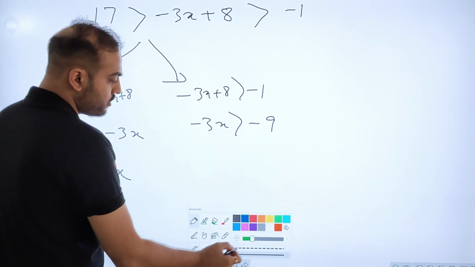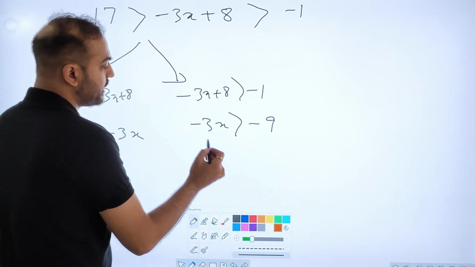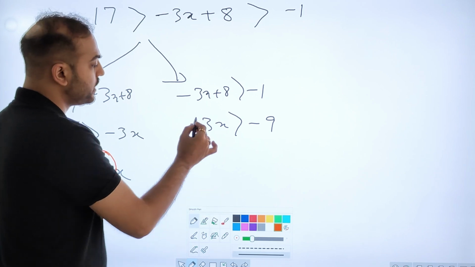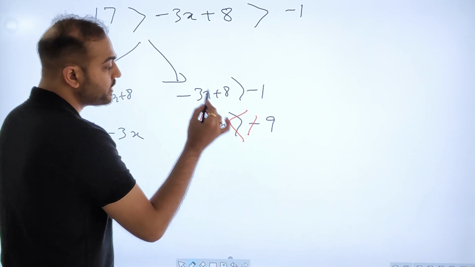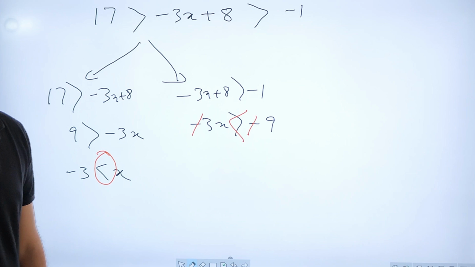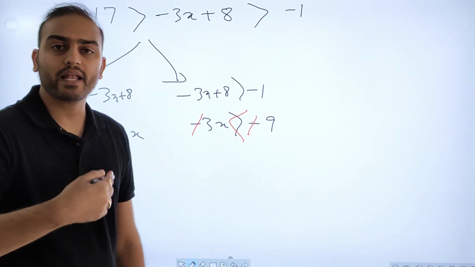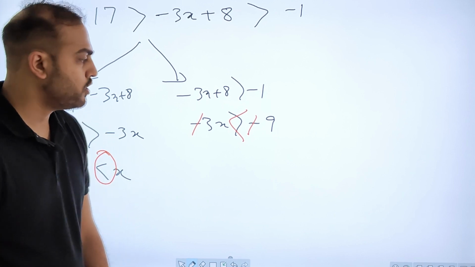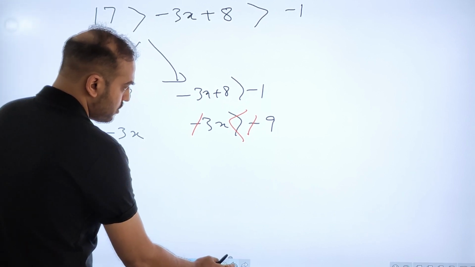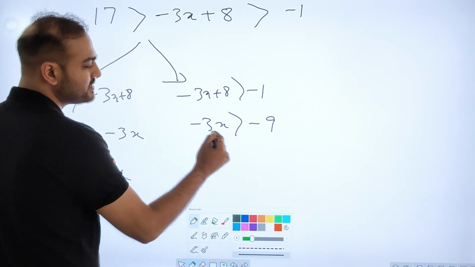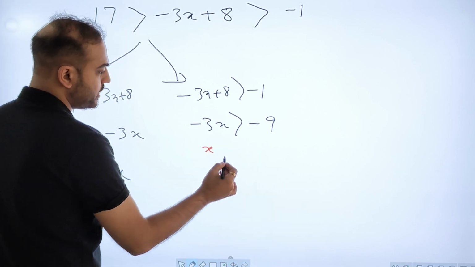If you are cancelling the minus and minus, you will have to change the sign, because cancelling minus and minus on both sides is the same as multiplying or dividing by minus 1. I hope you understand that. A simple thing you can do is just cross multiply the minus 3.